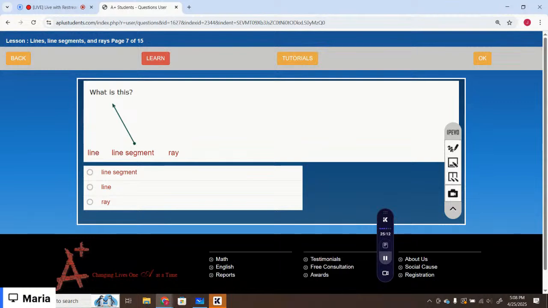What is this: line, segment, or ray? That is ray. Option number 2 is the correct option.